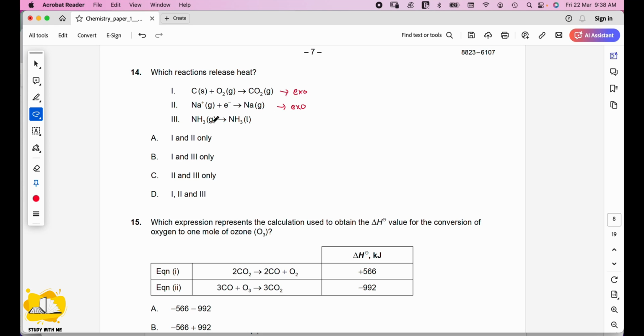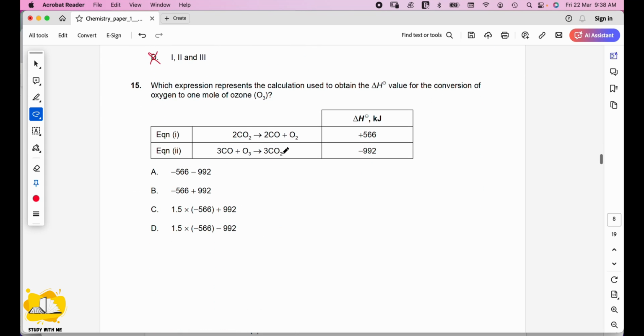And gas becoming liquid, condensation, also releases heat. That means it's an exothermic reaction. So 1, 2, 3 are the reactions that release heat.